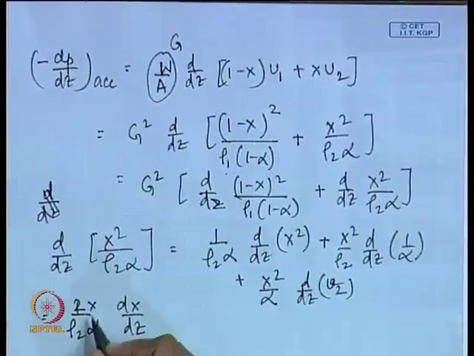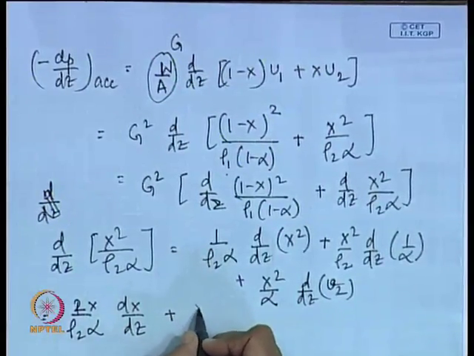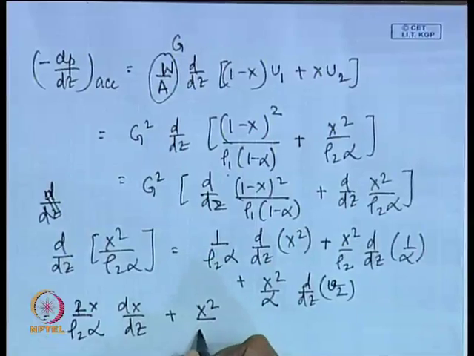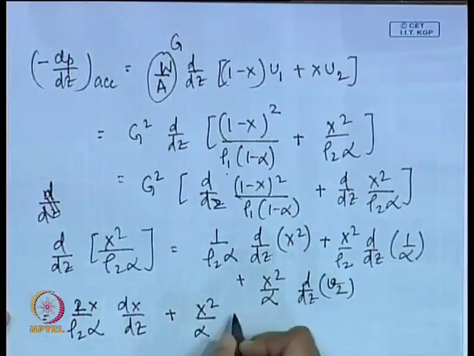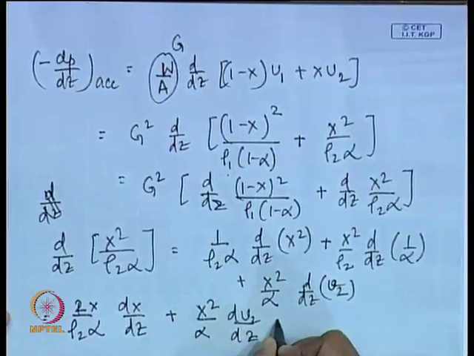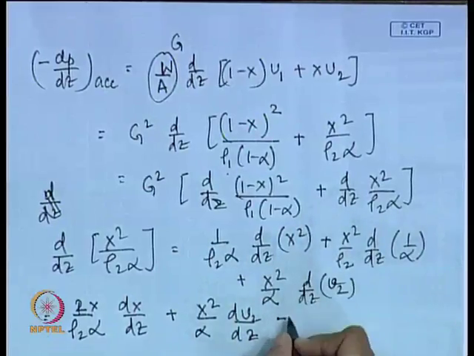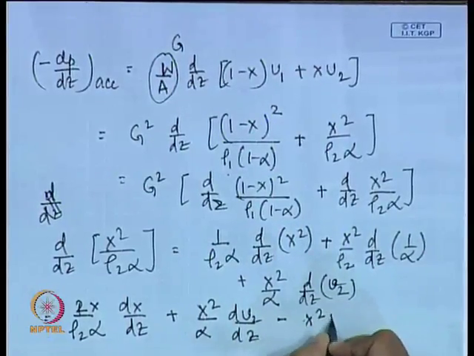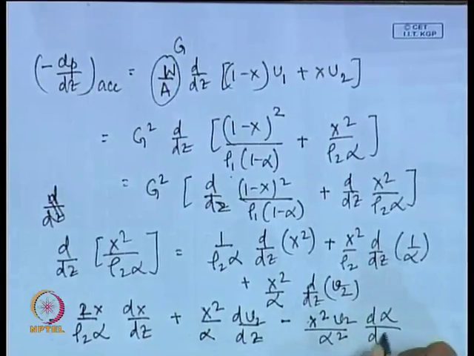Okay. So, this becomes 2x, plus x square by alpha dv 2 dz, if I do this part first, and please look out whether I am making any mistakes or not, that can also happen. Minus, for this term, it is going to be minus x square v 2 by alpha square d alpha dz.